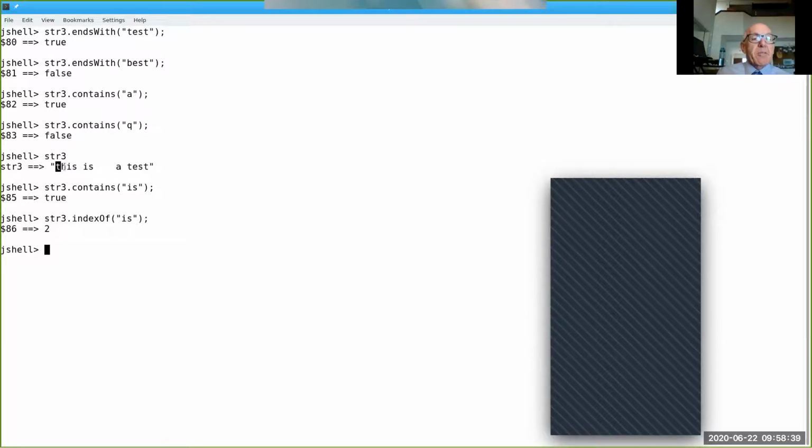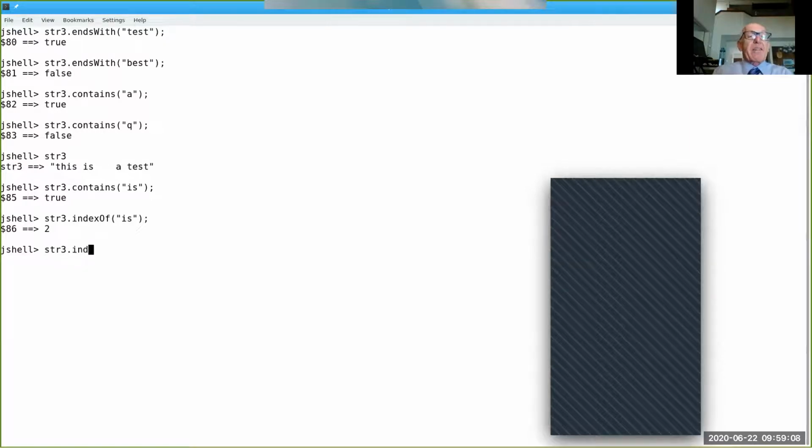T is at 0, H is at position 1, and the word is begins at position number 2. Okay, I'm recording. I just want to make sure I was still recording here. So far, so good on this. So indexOf gives me a position where something is.